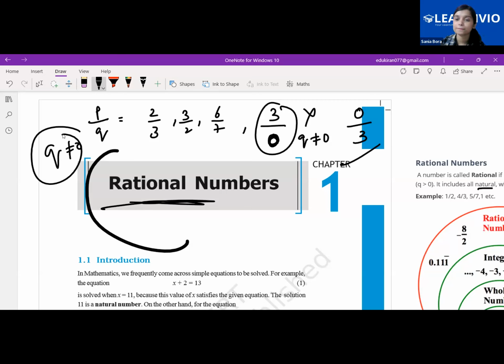Okay. Yes, ma'am. So now Vega, can you tell me the definition of rational number? Like the fraction that represents p by q is called a rational number, and q is not equal to 0. Okay, good. Abdullah, can you tell me now?